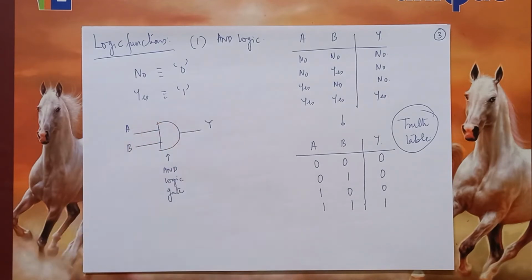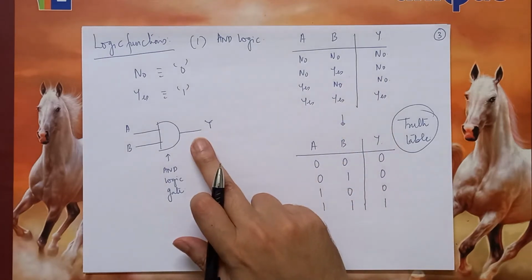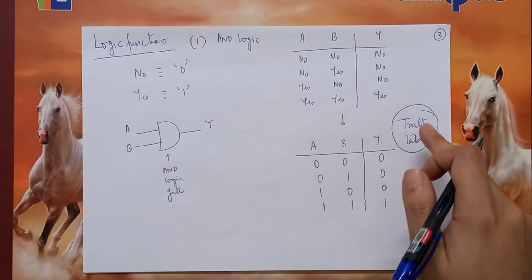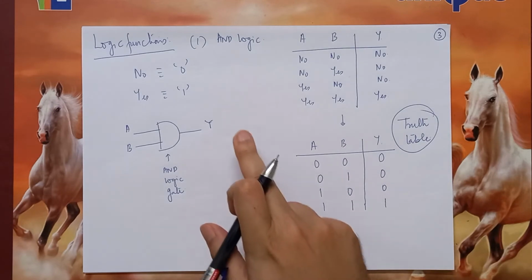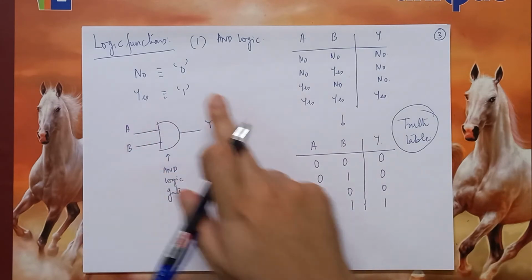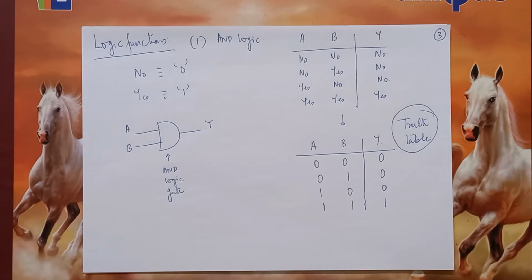You may ask, what is inside this AND logic gate actually in terms of circuits? Well, there are things also which we shall see, but for the time being, this is what we are going to stop at. One way to represent the logic function is using a truth table. The other way is using this diagram, what is called a logic gate.